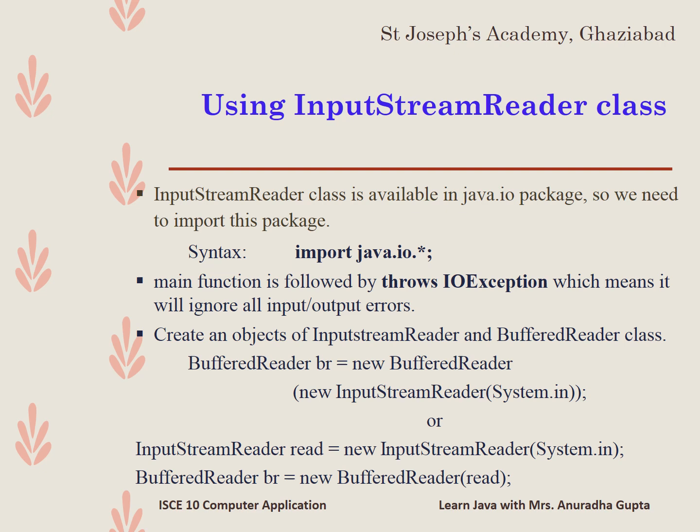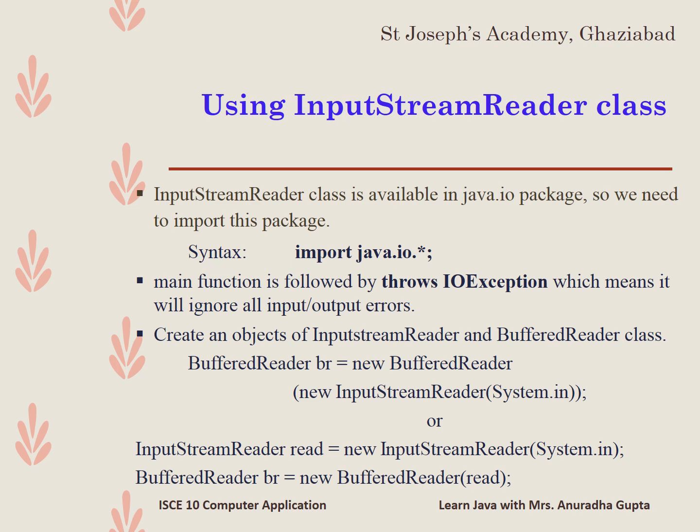Third point is to create objects of the InputStreamReader and BufferedReader classes. Objects of these two classes we can create in a single statement as BufferedReader br = new BufferedReader(new InputStreamReader(System.in)).